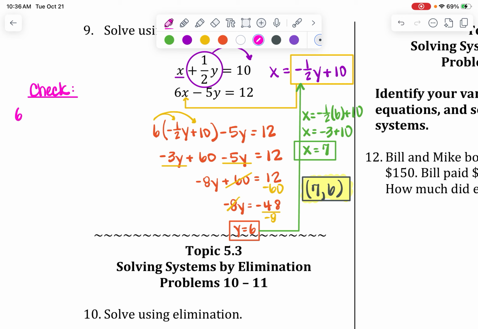So I'm going to do 6 times 7, I'm using the bottom equation, minus 5 times my y, and I want to know, does that equal 12 like the equation says it should? Well, let's see, 6 times 7 is 42, 5 times 6 is 30, is 42 minus 30 12? Yay, it so is, right? So I'm feeling super confident about all my algebra work there.